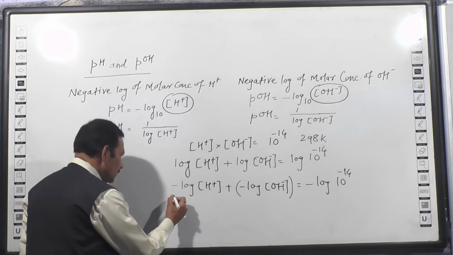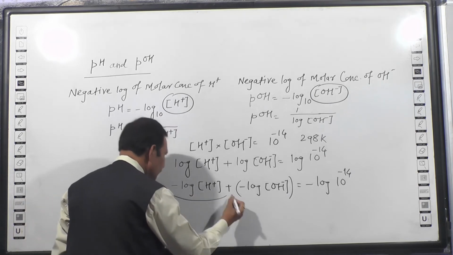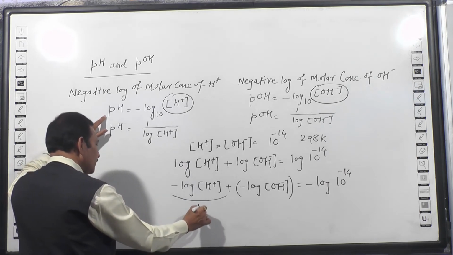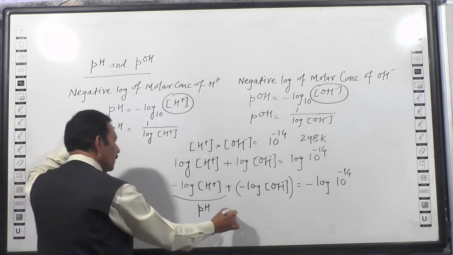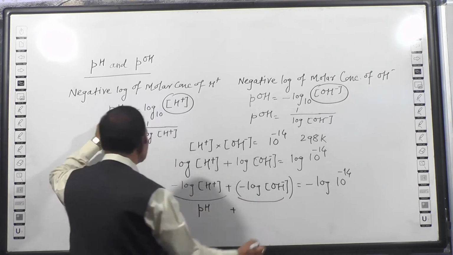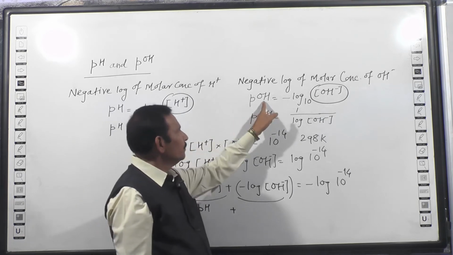Minus log H plus ion concentration, this term we have already seen is the definition of pH. So in place of this we'll write pH, plus minus log OH minus ion concentration, this is nothing but pOH.